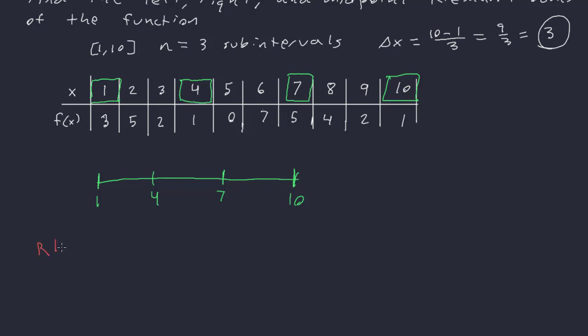So for the right-handed estimate, we're going to just use 10, 7, and 4. So it will be delta x times f of 4 plus f of 7 plus f of 10. Our delta x here is 3, and then the f of 4, 7, and 10 we get from the table.